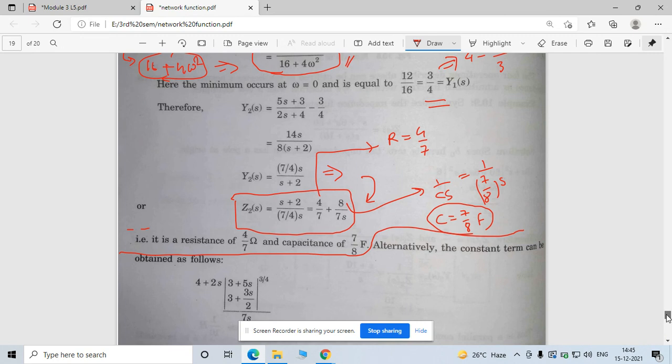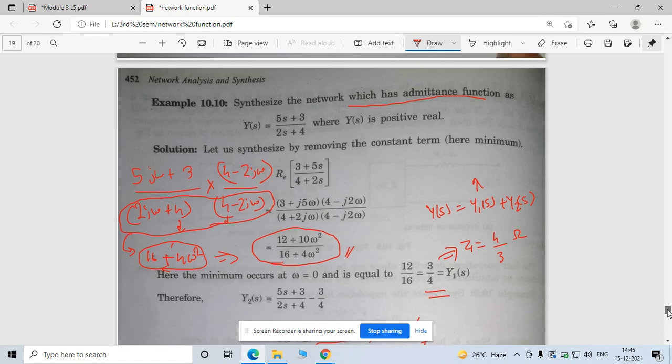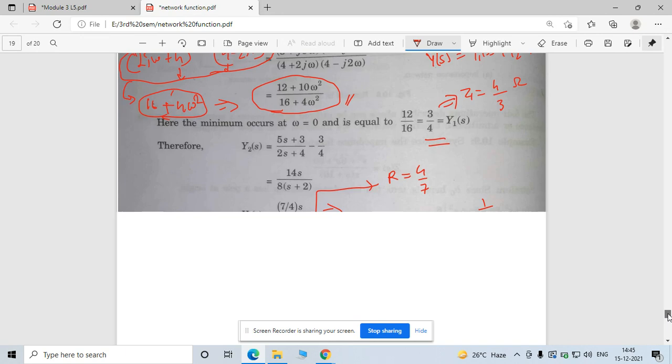Now the second method is this. Second method is simple. You have to divide. So there are some printing mistakes. You should take care of that. So when you divide this numerator by this denominator, first of all, observe the equation here. Okay.